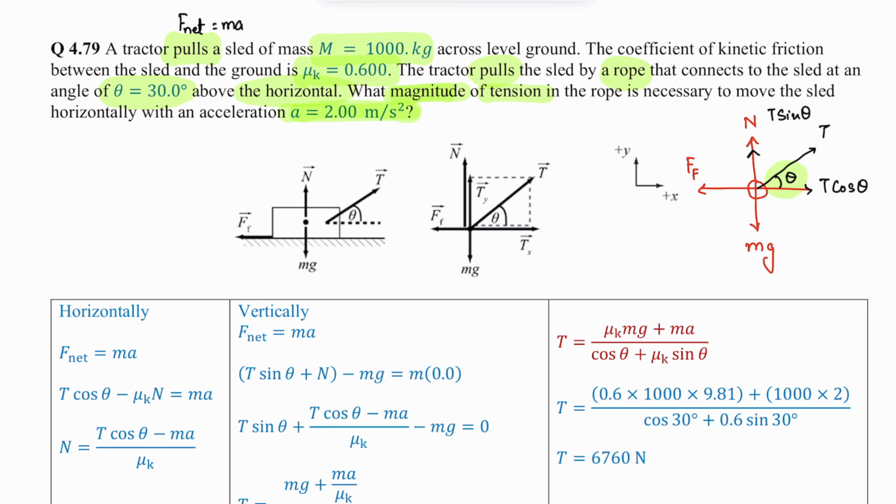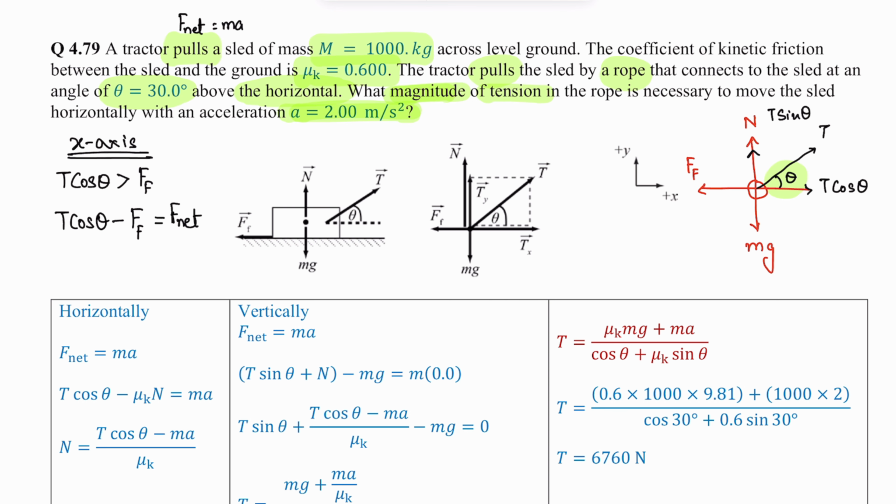Okay, acceleration is given. Now try to understand the x-axis. Now you will understand. You have two forces, friction and T cos theta. So can I say T cosine theta is greater than the force of friction? So can I say T cosine theta minus force of friction is equal to F net? Yes or no?